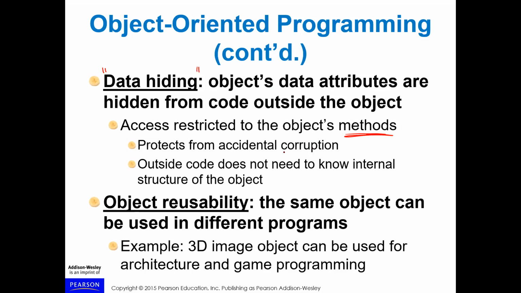And this is helpful in many ways. Here are some examples. It protects from accidental corruption. Outside code does not need to know the internal structure of the object, so it just makes your programming easier, because once you've defined how an object should work, hopefully it'll be intuitive, and then you can just use that object whenever you need to, without having to worry about all the code that's in there. That's the example, for instance, of the math library. We've used a math library.